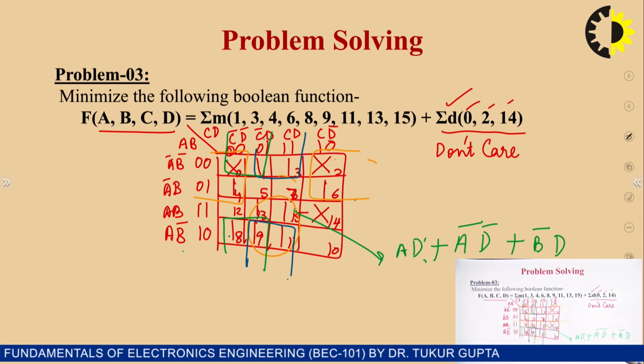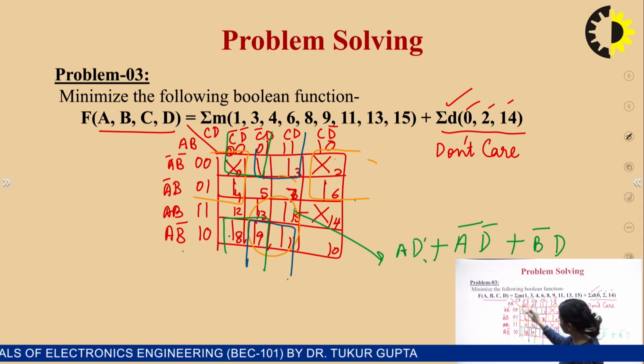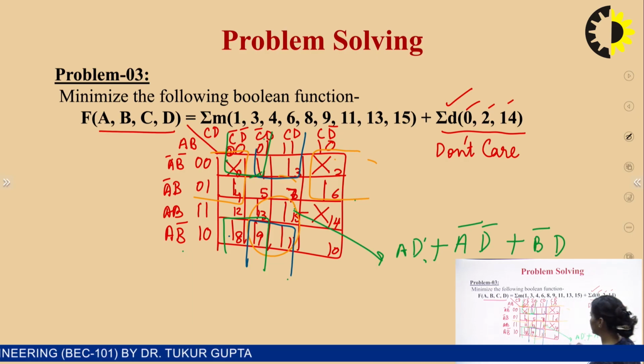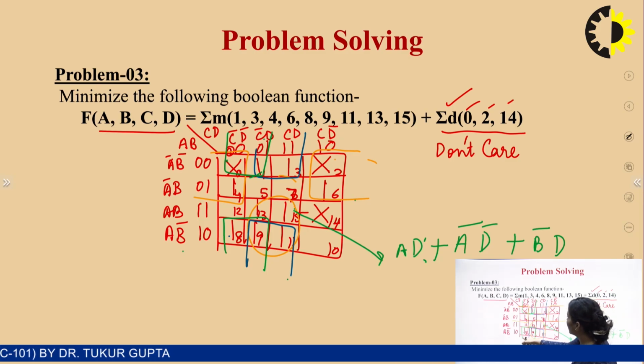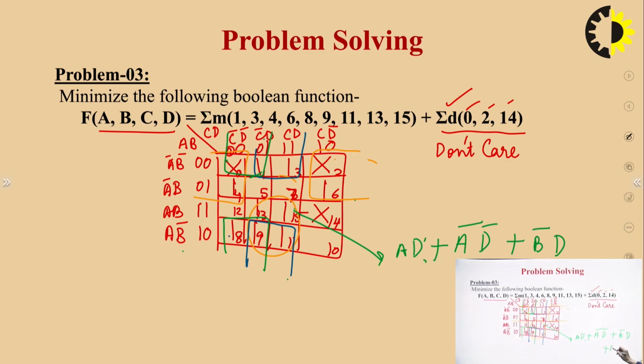So I have written B bar D. Another, we are left with a green circled group. So here B bar is common and here C bar is common. So the final expression is AD plus A bar D bar plus B bar D plus B bar C bar. In this way we can solve any K-map.